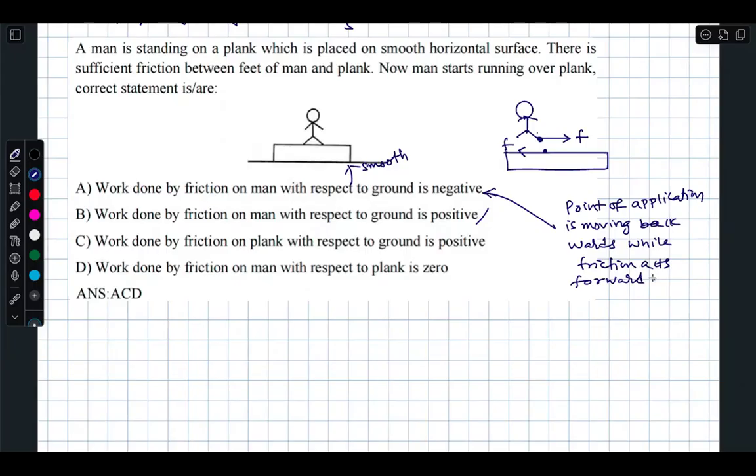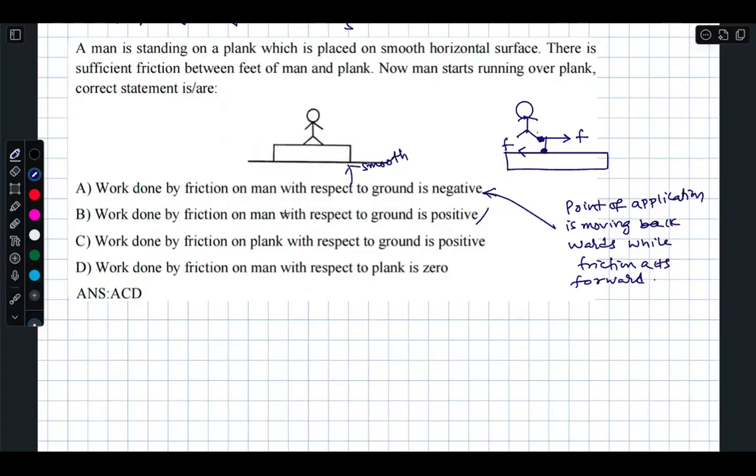Yes or no? Here itself, the proof is this is a contact point. There is no slipping across these 2 points, so the lower point is same as the top point. So very clear that the contact point is moving backwards, whereas friction is acting forward. Therefore, work done by friction on man with respect to ground is negative.